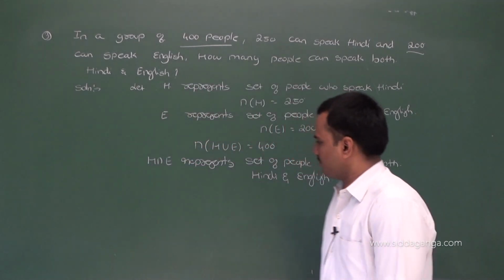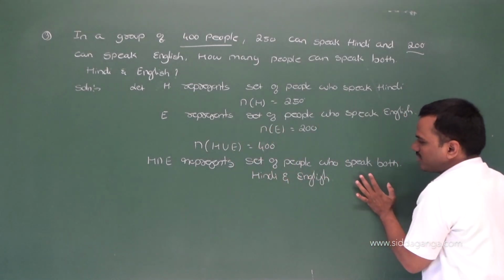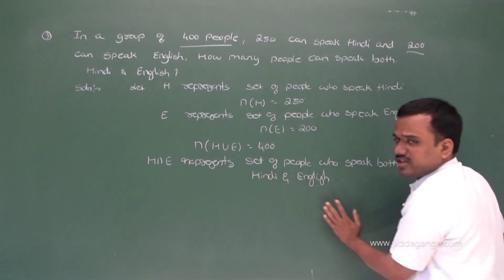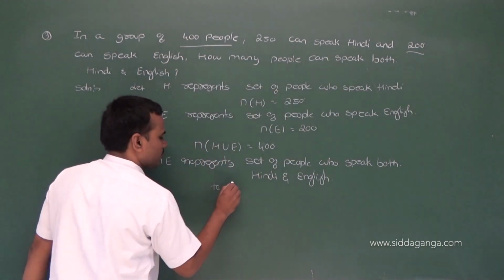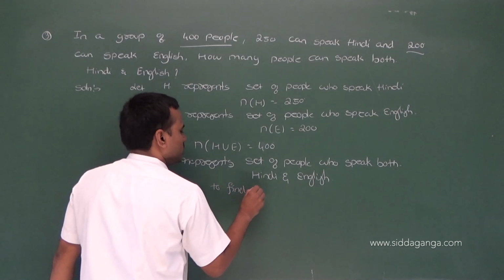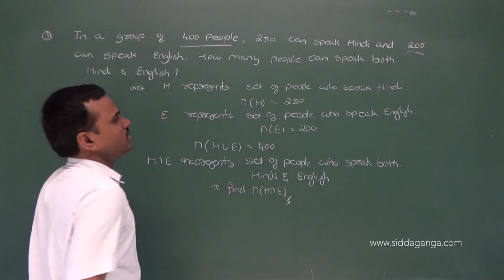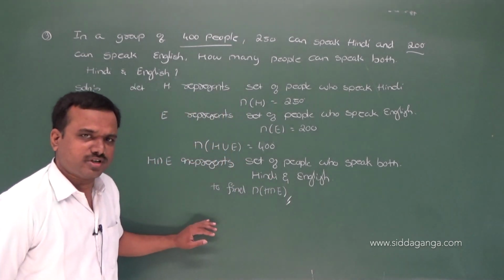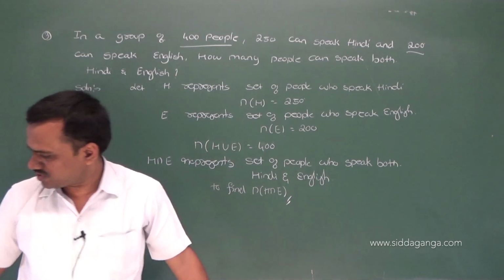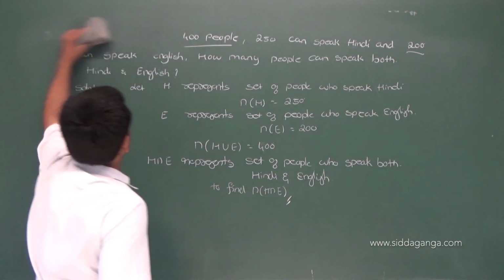That means we have to find N of H intersection E. Observe first carefully. Okay, we solve this one.